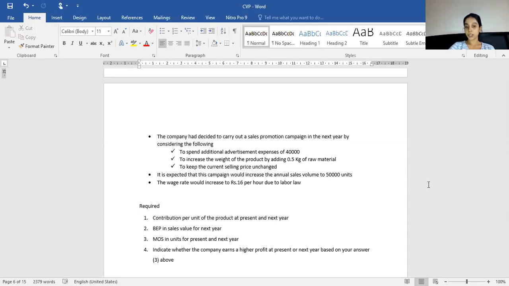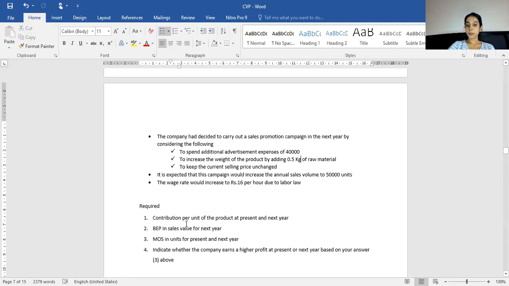The wage rate would increase to ₹16 per hour due to labor law. So we have to take these adjustments into consideration when considering this sales promotion campaign. Contribution per unit of the product at present and next year.